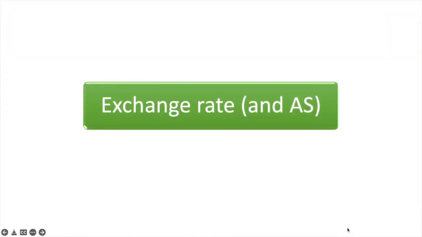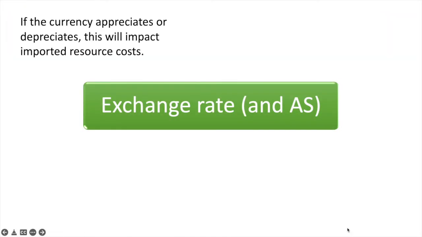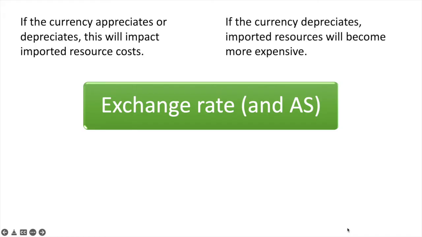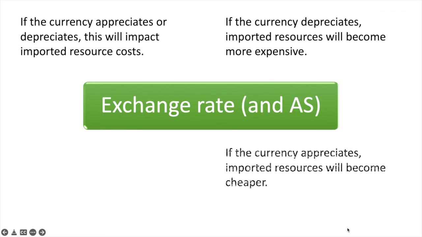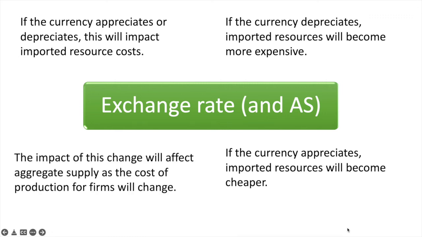If the currency appreciates or depreciates, this will also impact imported resource costs. If the currency depreciates, imported resources will become more expensive. However, if the currency appreciates, imported resources will become cheaper. The impact of this change will affect aggregate supply as the cost of production for firms will change.